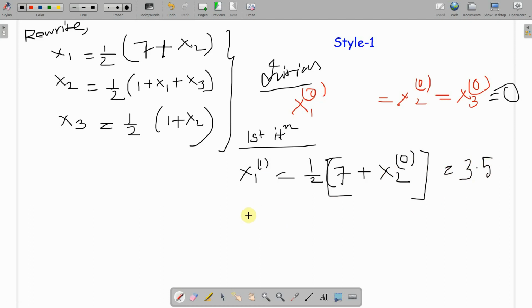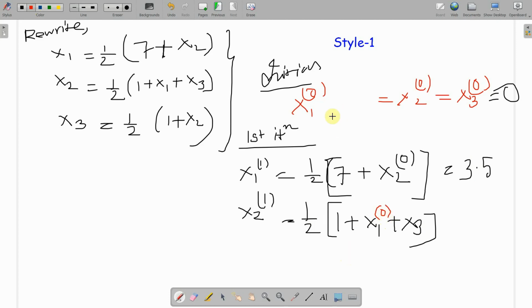Now x2 at 1, what will I be doing? Half of 1, first let me write, plus x1 plus x3. So the x1 value I got. Here remember the Jacobi method. In the Jacobi method we would first use the initial approximation, x1 at the 0th iteration.